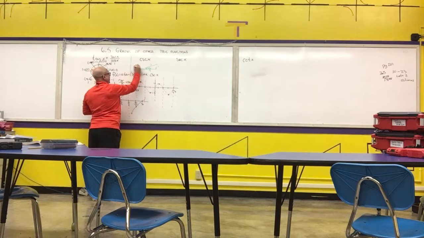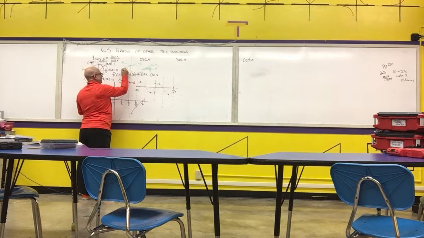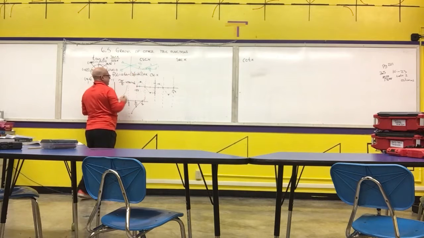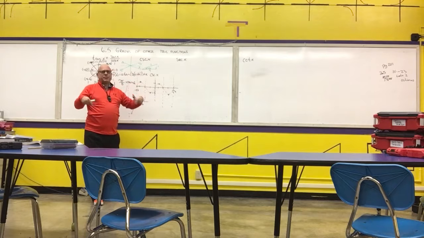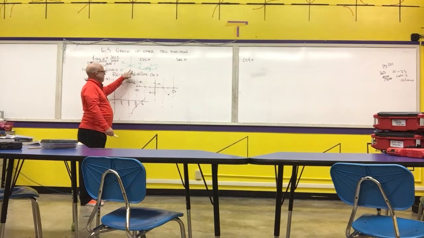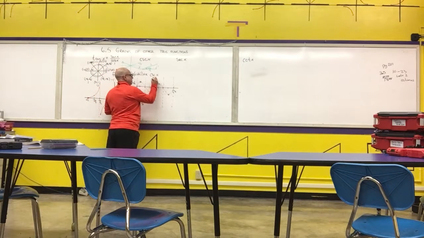So sine is 1/2 at pi/6 and at 5 pi/6. It is negative 1/2 at 7 pi/6 and 11 pi/6. So when sine is 1/2, the reciprocal of 1/2 is 2. When sine is negative 1/2, the reciprocal of negative 1/2 is negative 2. So that's going to give me my next key points on my graph.